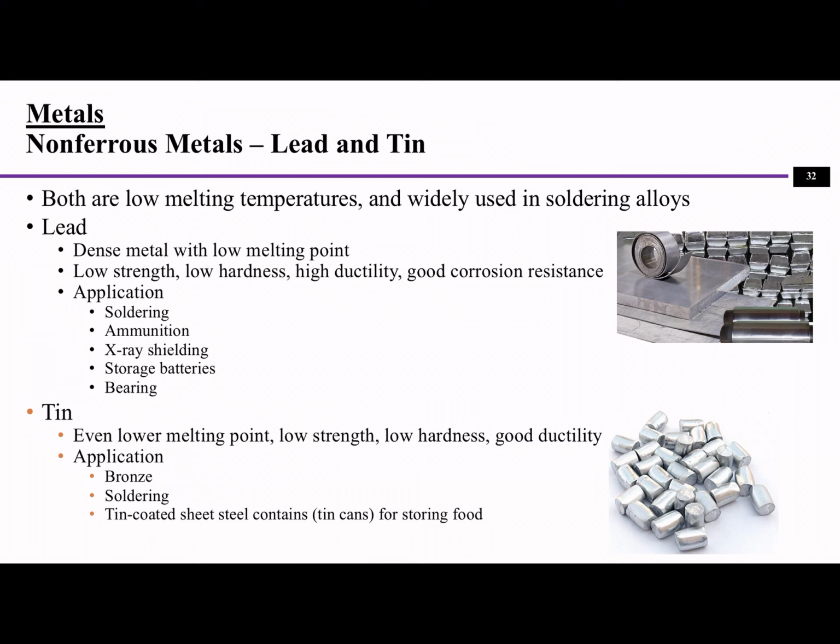And lead and tin usually have been used a lot in soldering processes, because they both have very low melting temperatures, and also they're dense metals with very low strength and low hardness, but with high ductility. So that's why they've been used a lot in electrical components.